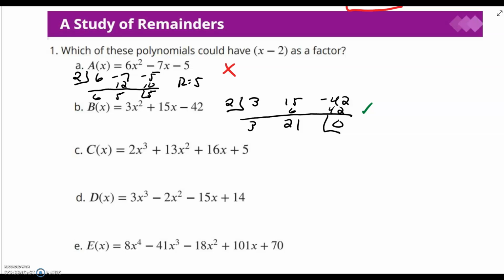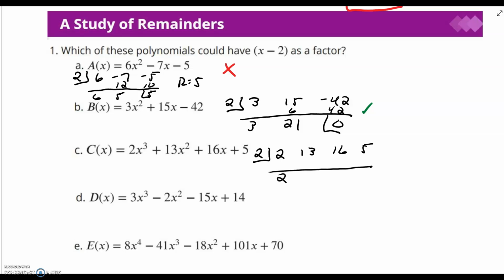Now we'll check c of x, 2, and then our coefficients. There are no missing degrees. It's in standard form. 2, 13, 16, and 5.